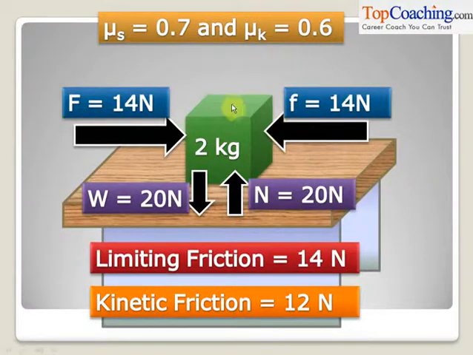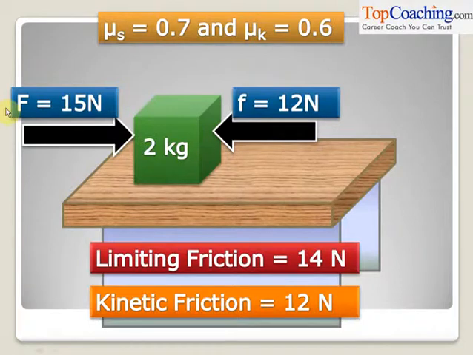What if we apply a force of 14 Newton on the block? In this case, again, a friction force of 14 Newton will act on the block and it will again stop the block from moving. That is because the limiting friction value is 14 Newton. Now, if a force of 15 Newton acts on the block, it will start moving because the value 15 Newton is greater than the limiting friction value.